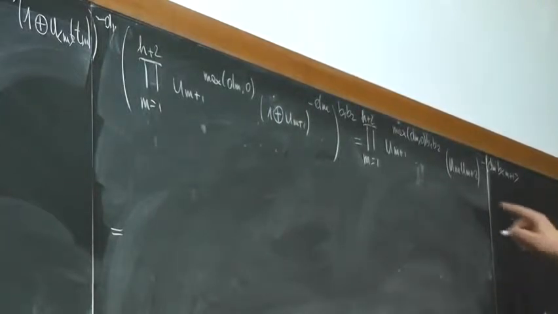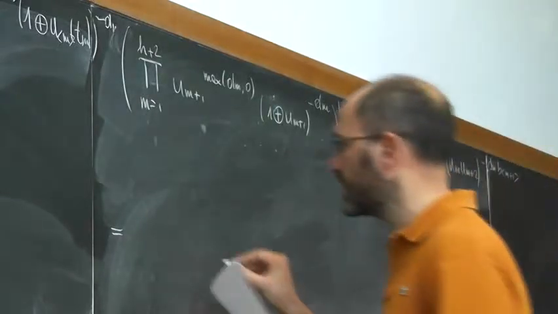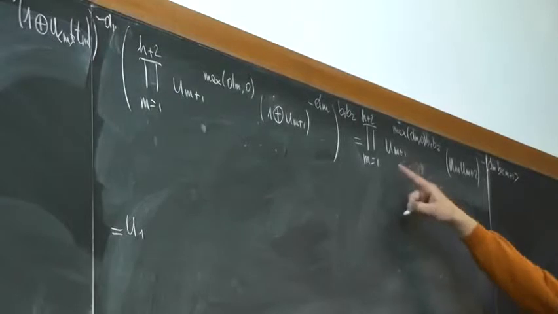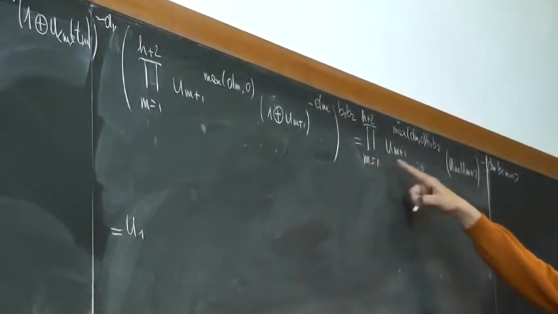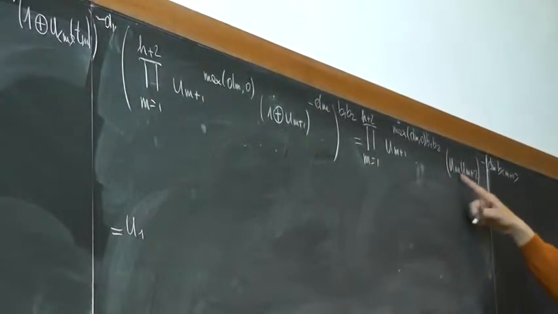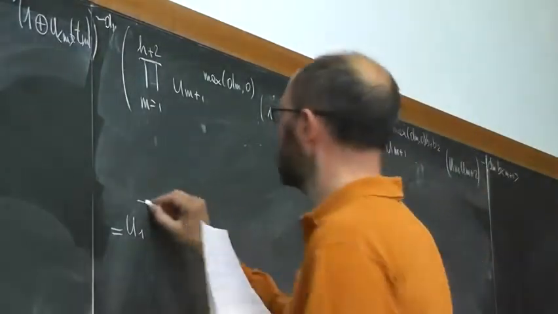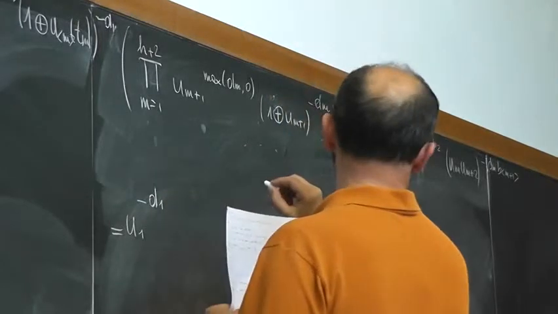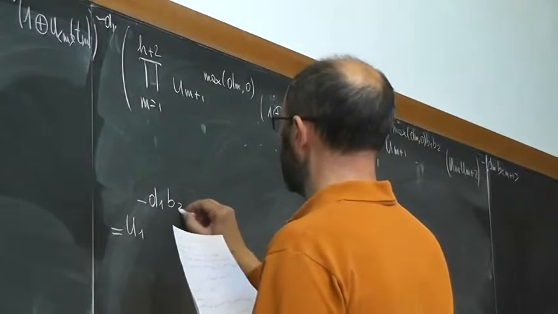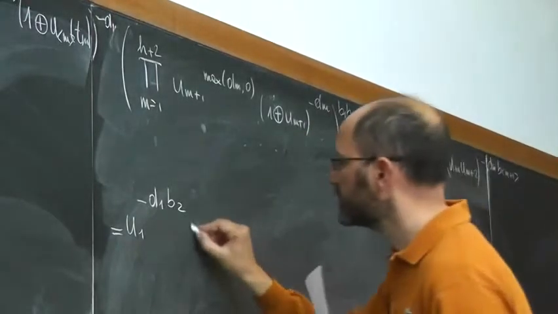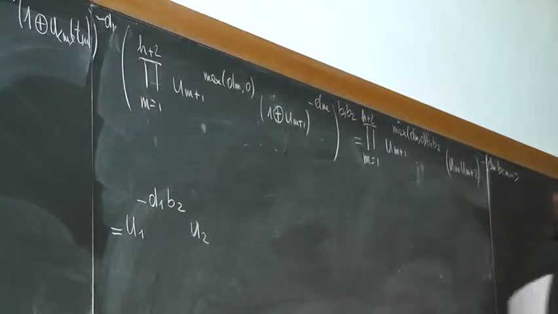Yeah, so now I want to look at the exponents of all variables ui. So we start from u1. So u1 appears here only with m equals 1. So its exponent is minus b1 b2. And we look at u2.